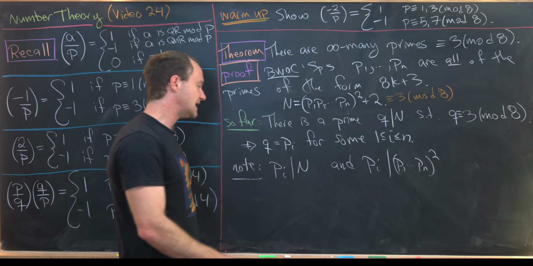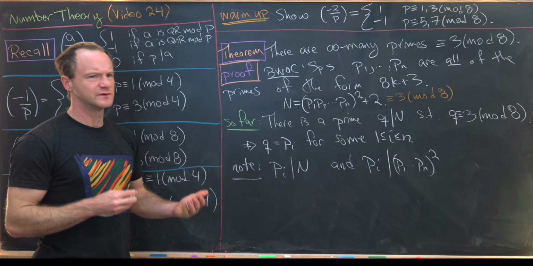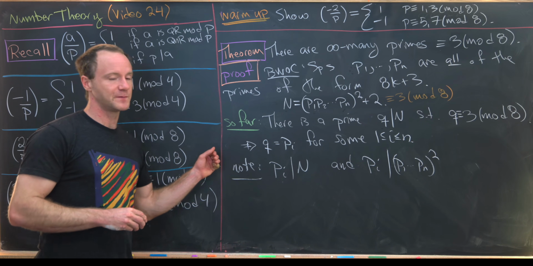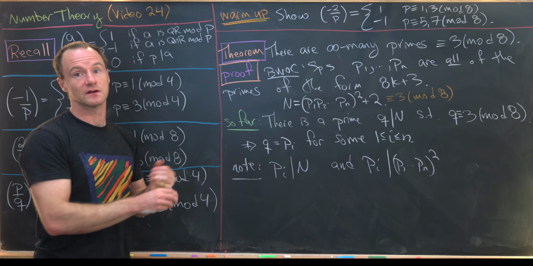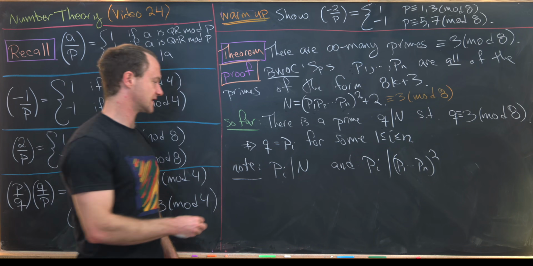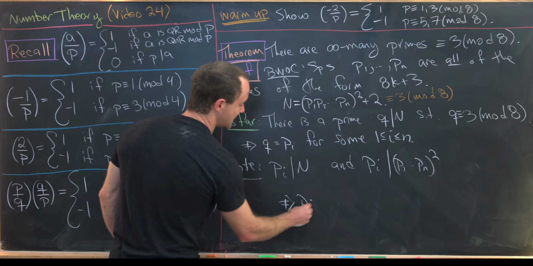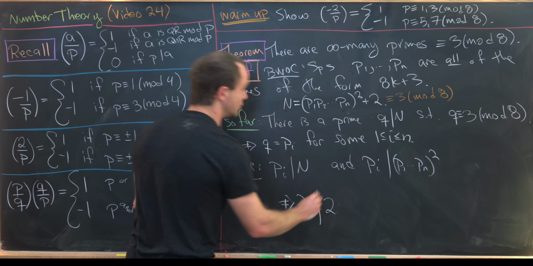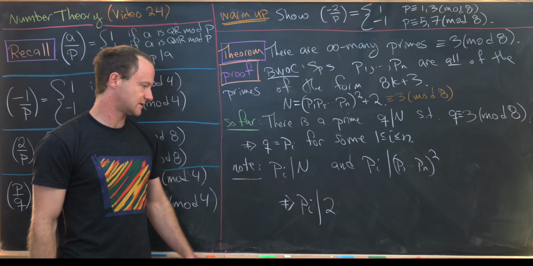But that means that Pi divides the difference of these two. We've used stuff like this a bunch of times. If we have something dividing two objects, it must divide the linear combination of those two objects. Well, in this case, if we take this difference, we see that Pi divides 2. Notice 2 is equal to n minus this.